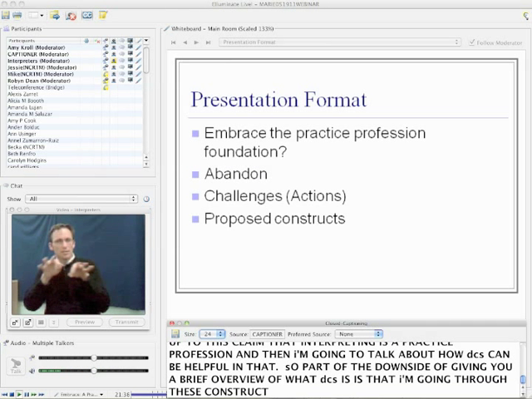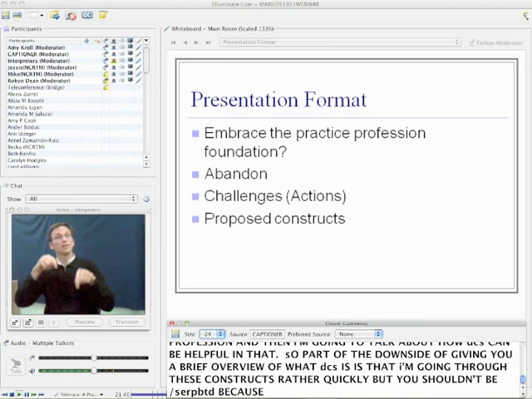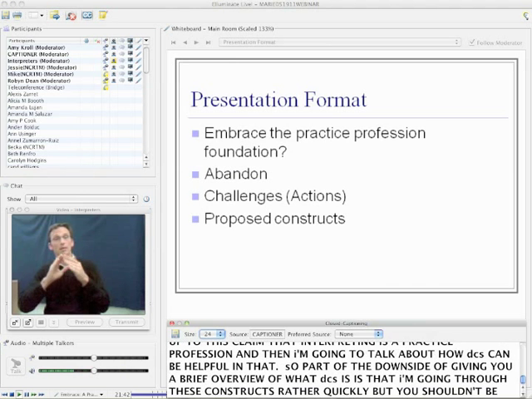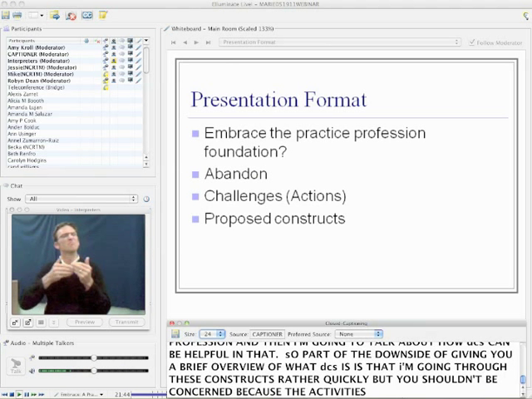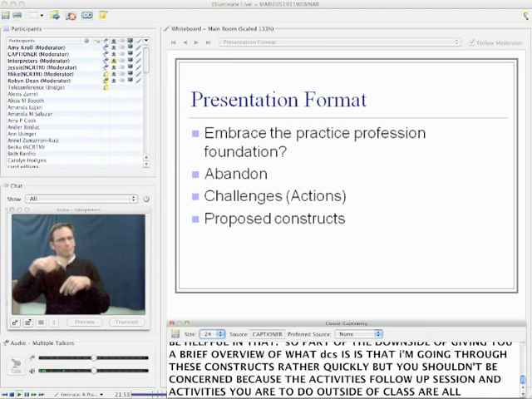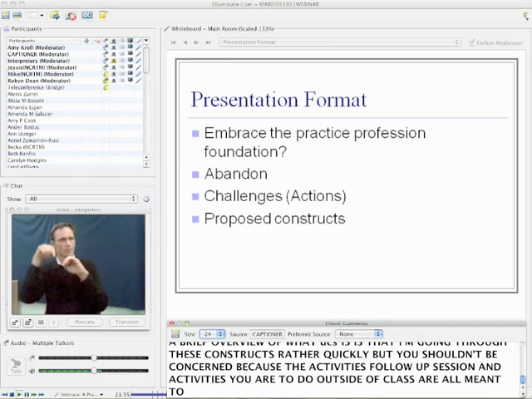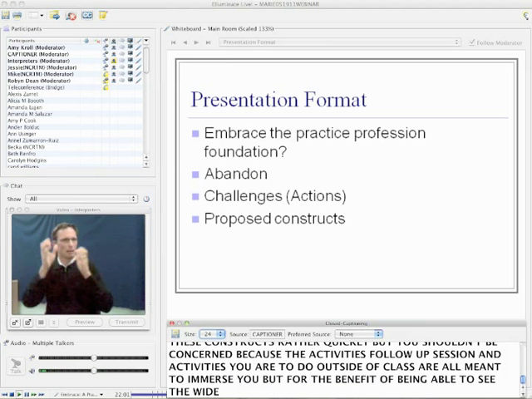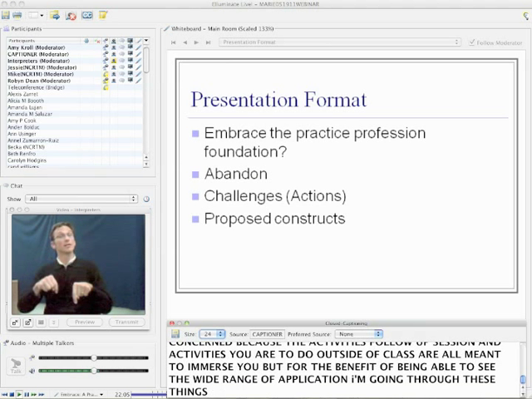But you shouldn't be concerned because the format that this is designed in, the online learning, the follow-up sessions, the activities that you are to do outside of class if you are following us in that way, are all meant to immerse you in the very things I'm going to talk about. But first, again, for the benefit of being able to see the wide range of application, I'm going to go through these things quickly and use this format throughout the entire rest of the presentation.